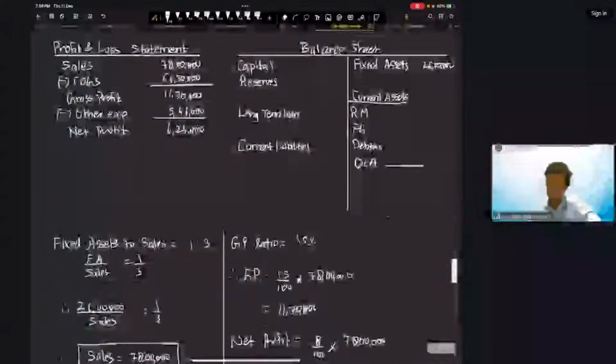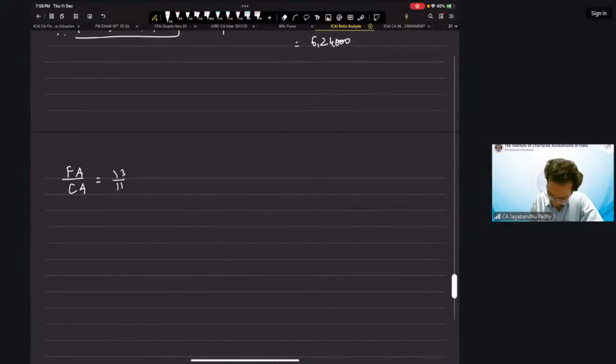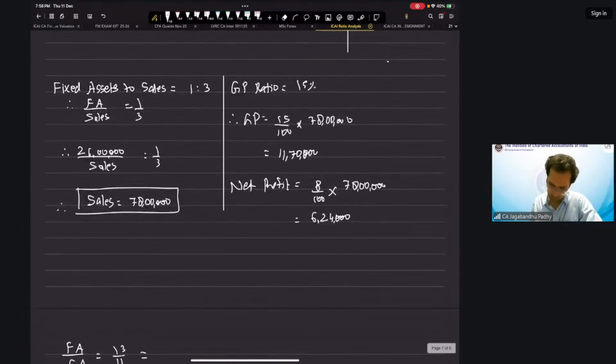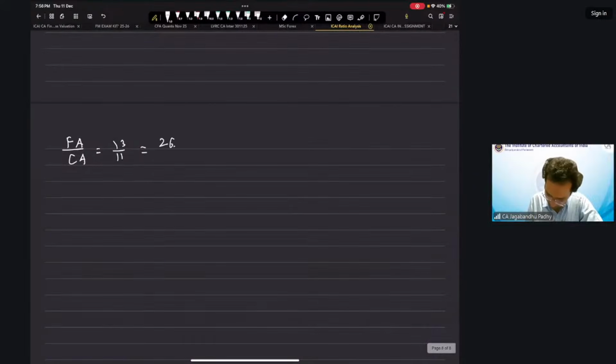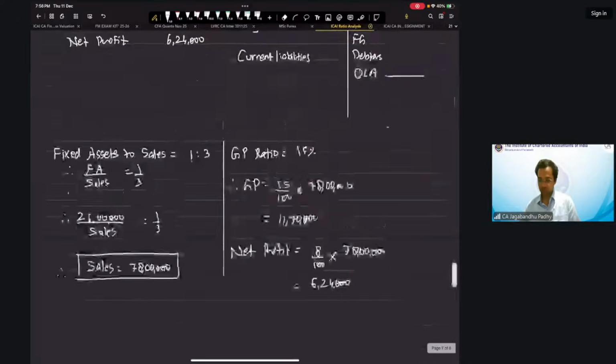We have the fixed asset as 26 lakh upon current assets, so we get the current assets to be equal to 22 lakhs, right? The current assets is 22 lakhs.